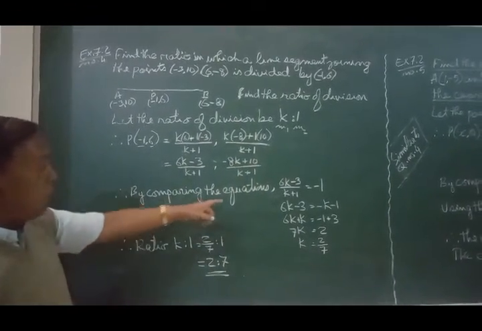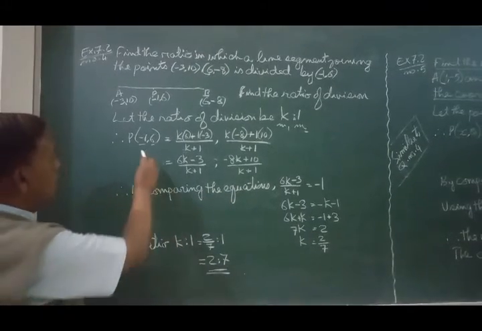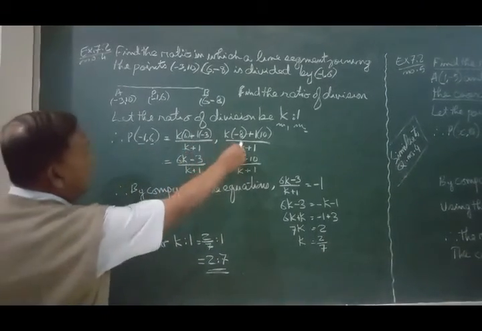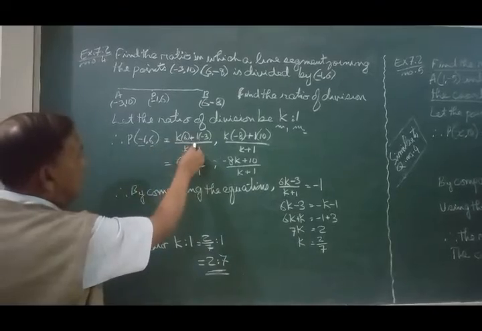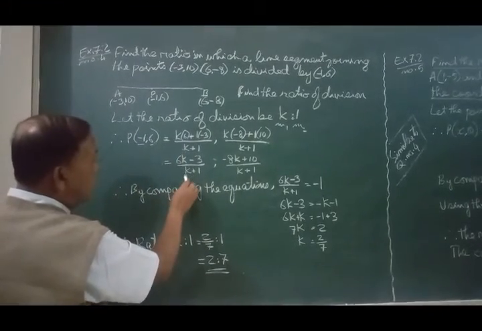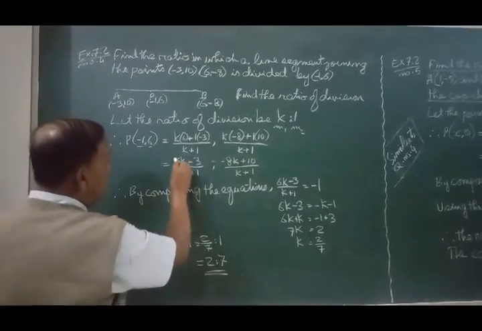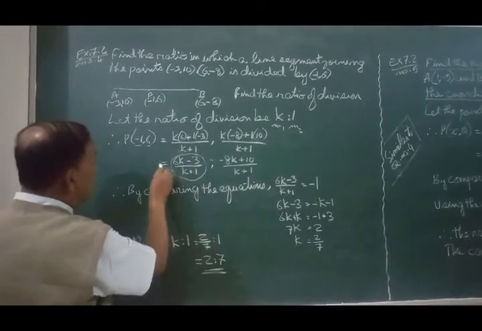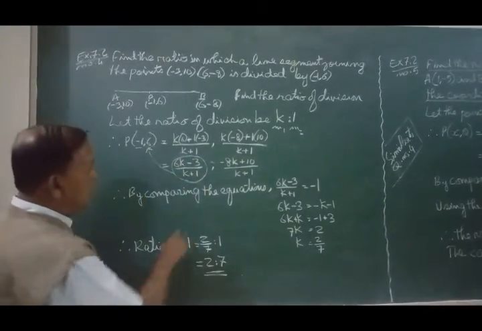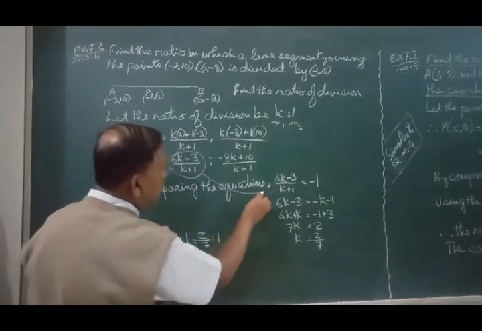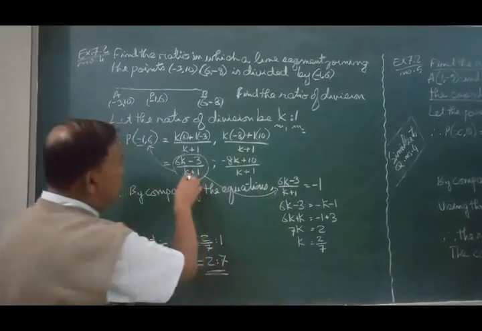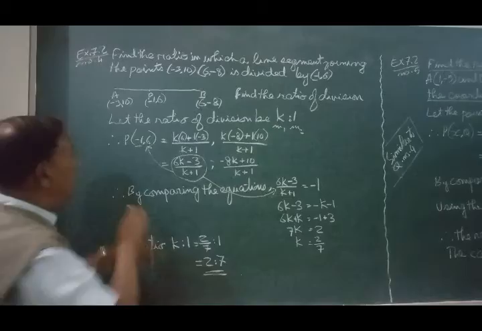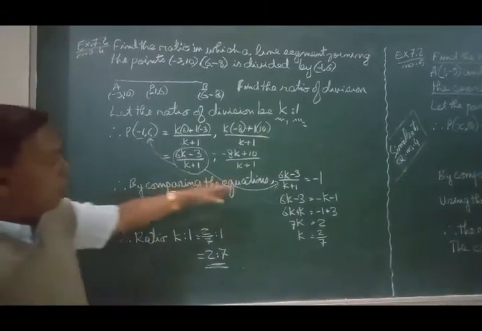Now, by comparing the equations, you look at this one, this equal to this too. This number is same as this, and that is what we are showing here. This equal to minus 1, and then we solve.